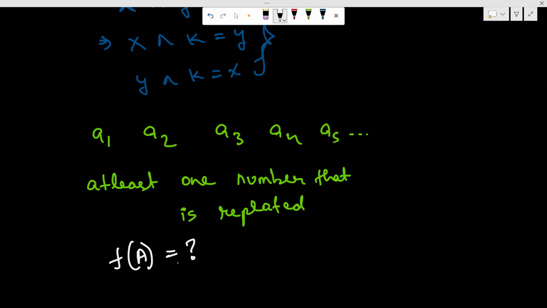Do all of you agree that it will be 0, or is anyone having any doubt in that? That the value of f of a will be 0.